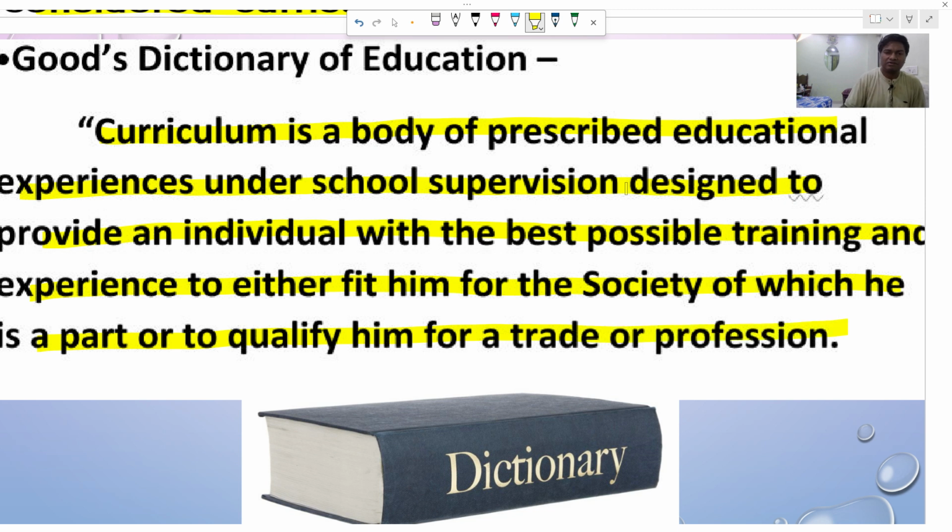So curriculum also refers to the supervision of an individual which provides the training so that the children become fit for the society and qualify for a particular trade or profession.